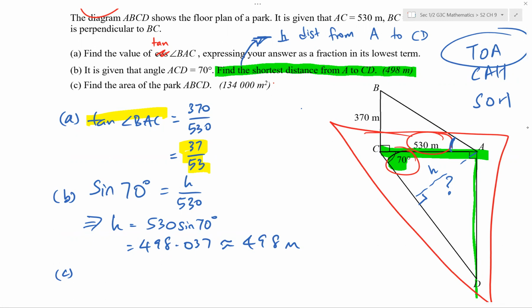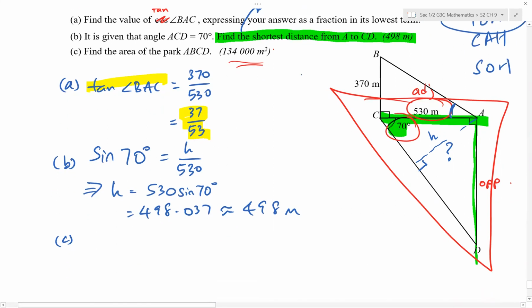Earlier on, for the smaller triangle, it was the opposite. Now it is the adjacent. And the unknown side is our opposite. So figure out the trigo ratio to use. Find the opposite distance, half times base times height, and then add up, get the answer. So this one you can do by yourself and check your answer. You shouldn't have any problems.